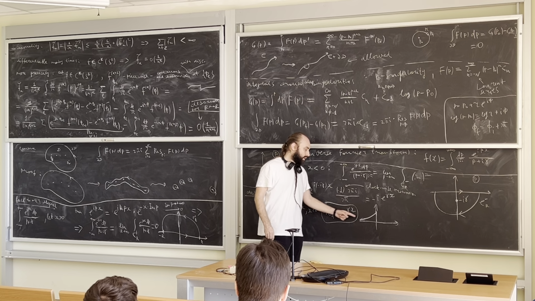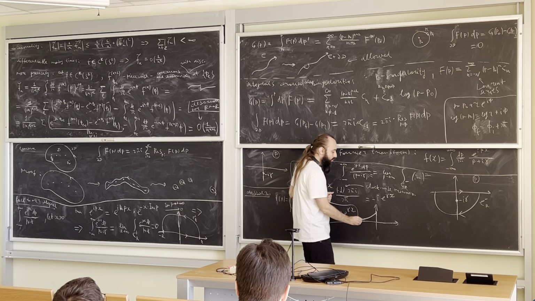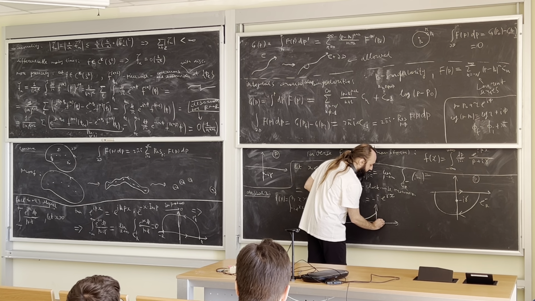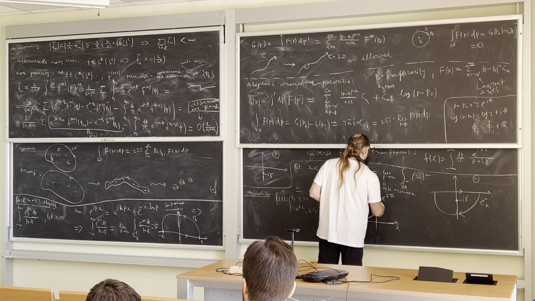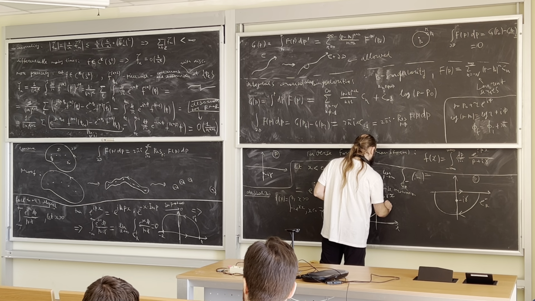It's decaying at minus infinity and is 0 for positive x. We can also draw the absolute value of f of x.